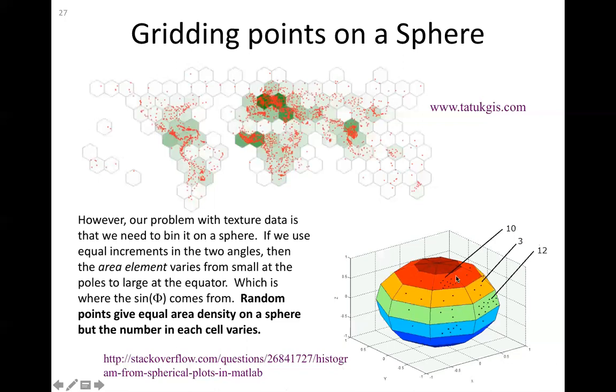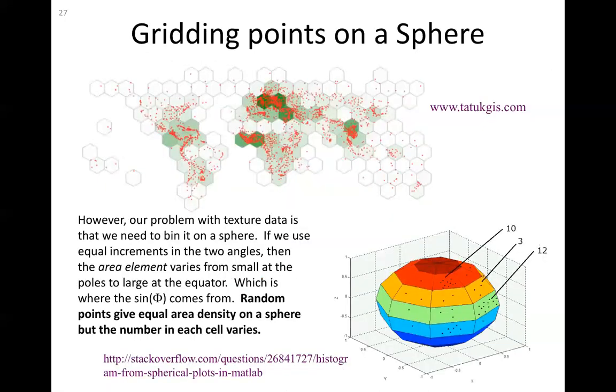So we need to introduce the concept of an invariant measure, right? We want it so that we're always sweeping out equal areas over the sphere, and this is exactly the same as doing derivatives in polar coordinates or spherical coordinates.